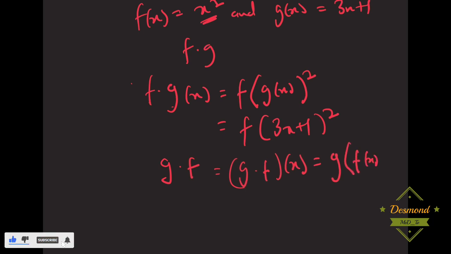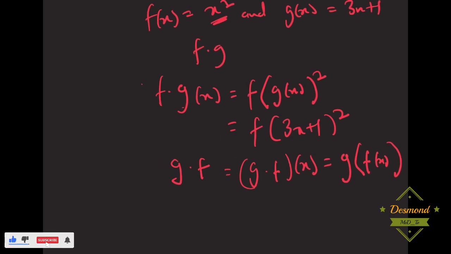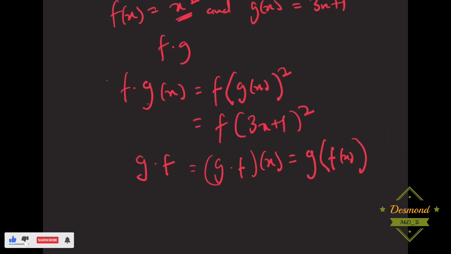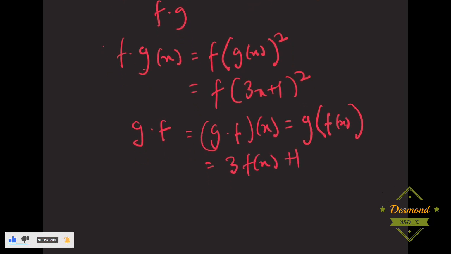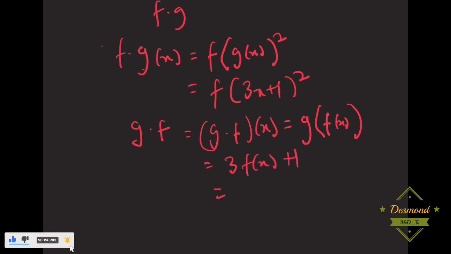Let's put f of x inside this bracket. We are going to get 3 multiplying x squared plus 1, so we should get 3x squared plus 1. So we can see that these two functions are different from each other. That's what we are talking about.